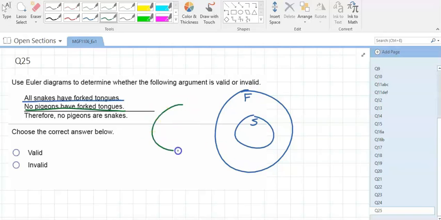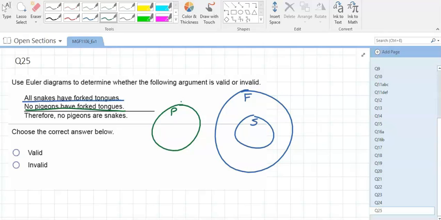The green circle, which is who? Pigeons. And pigeons cannot touch who? The forked tongues. So my big circle F here and my little circle P here, they cannot touch each other.